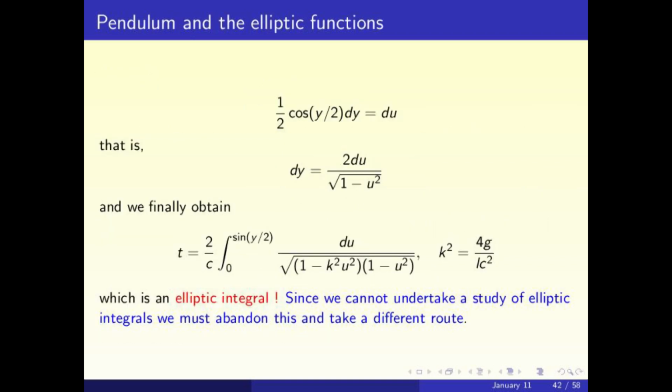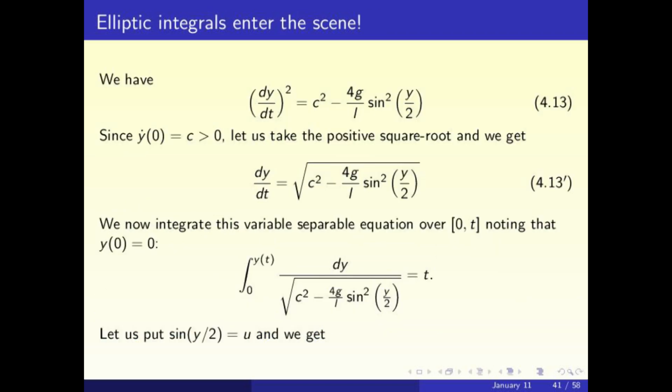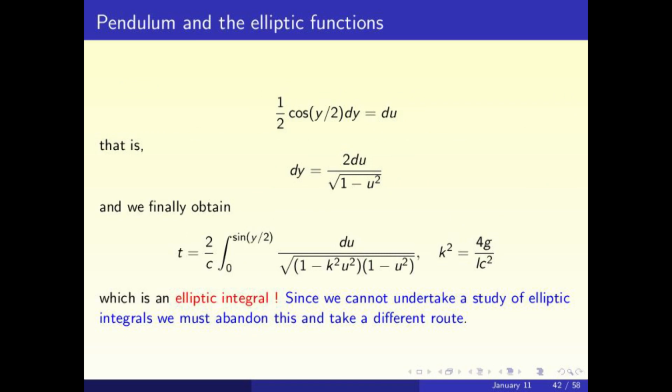We get 1/2 cos y by 2 dy equals du, or dy equals 2 du by square root of 1 minus u squared, and the integral in the last slide transforms to t equal to 2 upon c integral 0 to sine y by 2 du divided by square root of 1 minus k squared u squared into 1 minus u squared. This last displayed integral is an elliptic integral. So, we are naturally led to elliptic integral in the study of the pendulum equation.